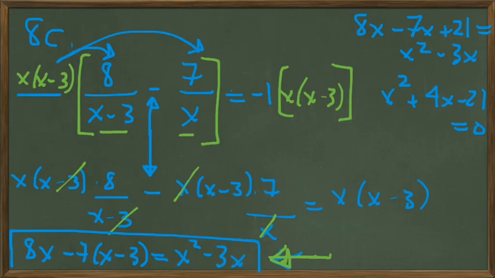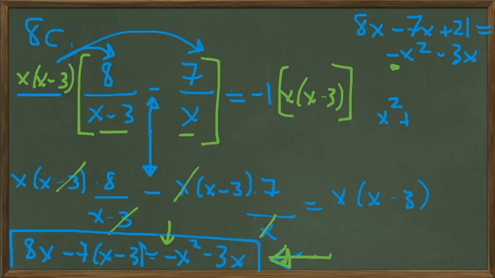So we're going to add the 7x over. Okay, fixing a mistake, this should have been a minus sign in front of the x here, which makes a minus sign right here. So now we're going to move everything over to the left hand side to get this equation.